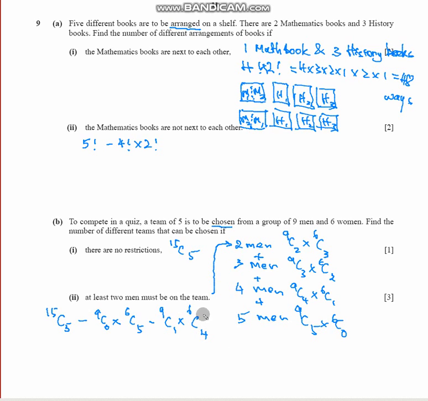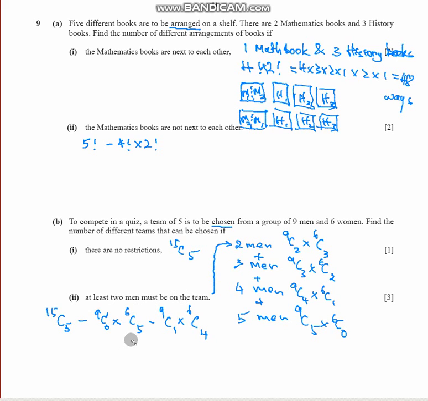Now, these are all the possible combinations, and minus this one, all women. These are the ones not included in the requirement. The requirement is at least 2 men. So I minus away all those combinations which don't meet this requirement.